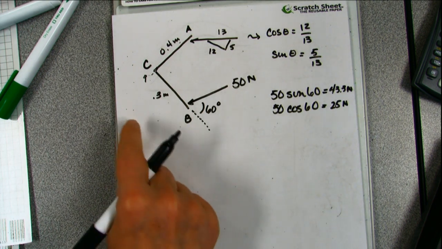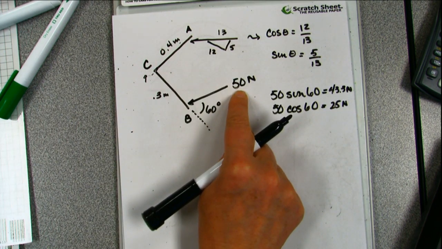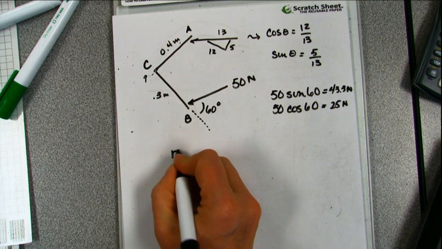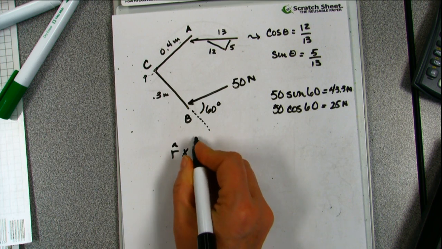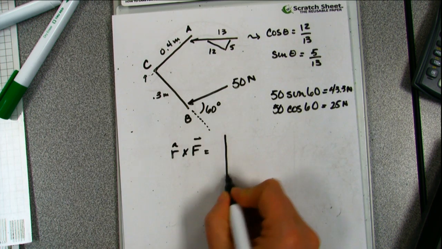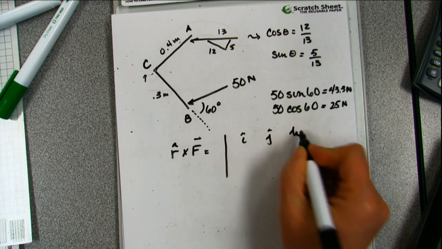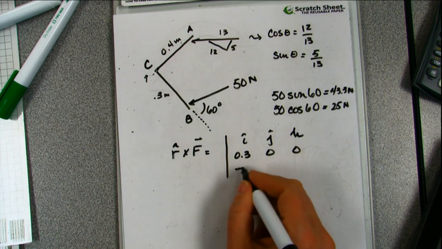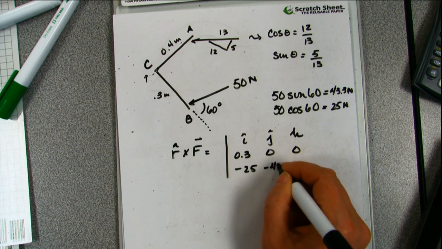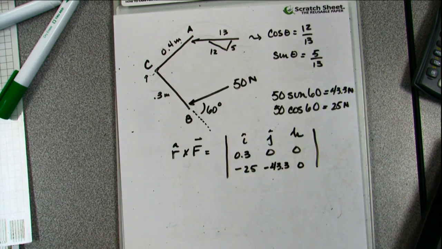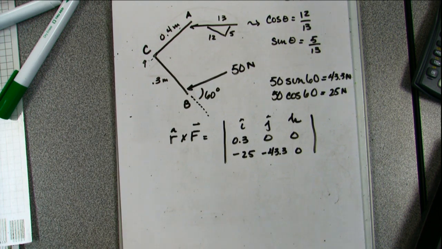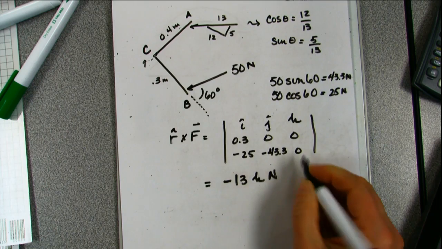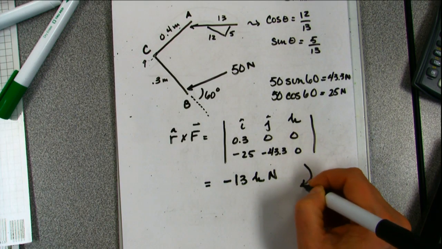So for the 50 force about C, I get R cross F, which is equal to i, j, k, 0.3, 0, 0, minus 25, minus 43.3, 0, which is going to give me a negative 13k newton-meters. And because it's negative, it's rotating in that direction.